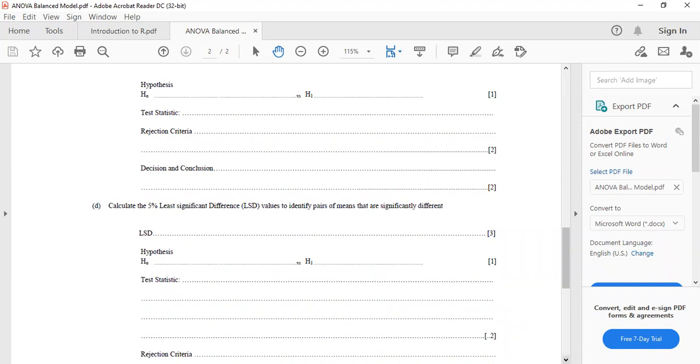But we want to make it a generic hypothesis. We can reject H naught provided that the absolute value of mu 1 minus mu 2 is greater than LSD.